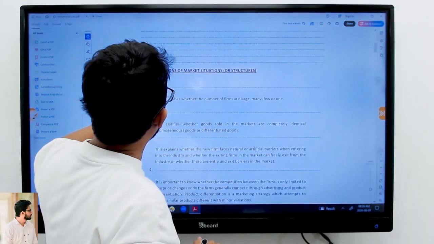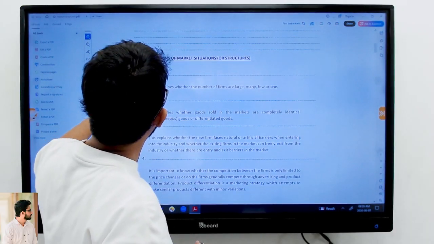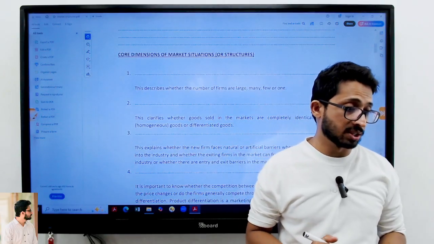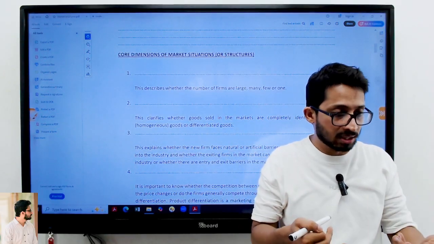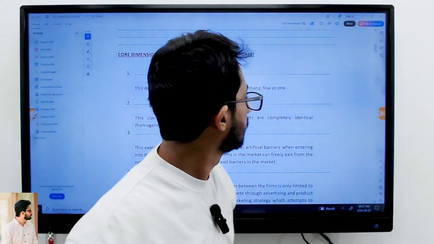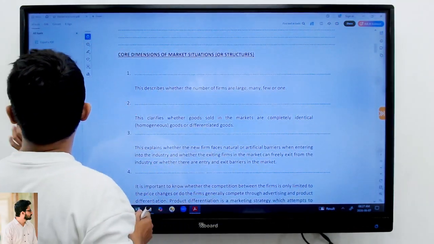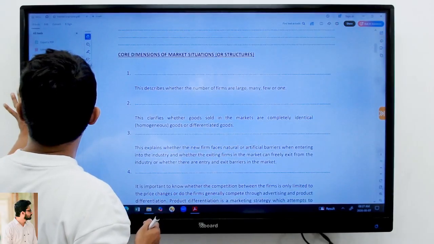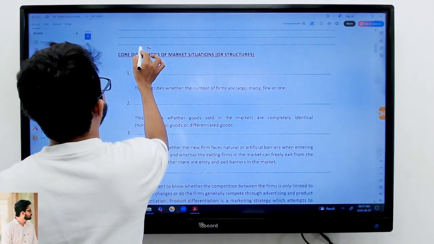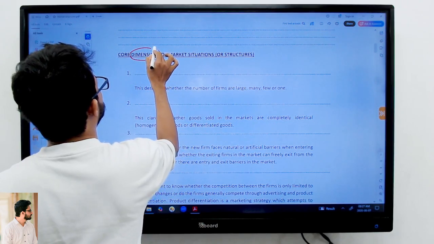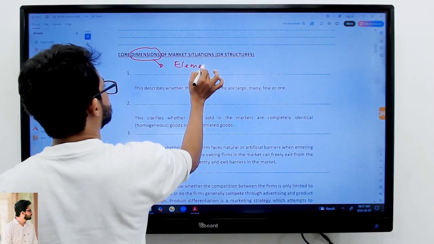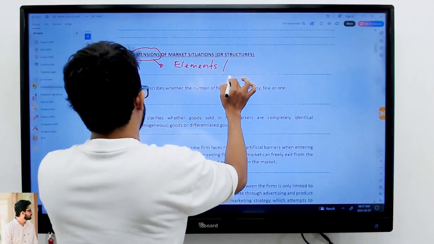Four dimensions of market structures. Listen very carefully. Now we are going to categorize market structures, industries or markets. What is meant by dimensions? Dimensions mean elements, main elements, or we can say components.